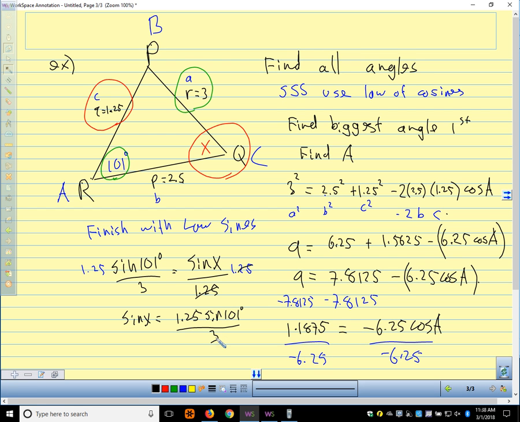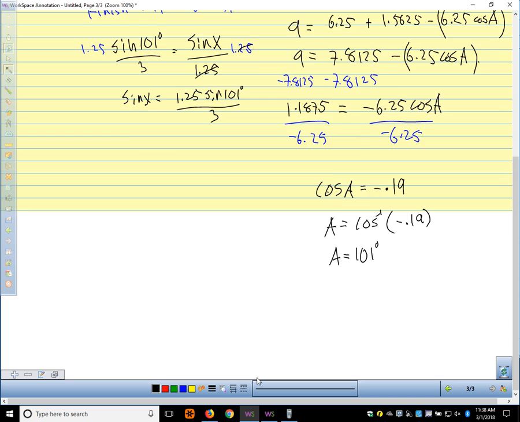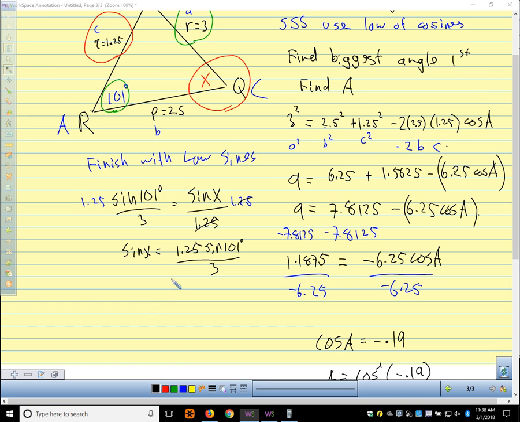And what do I have to do here? Inverse. Good. So x is the inverse sine of this whole thing, 1.25 sine 101 divided by 3. Plug that in my calculator just like that, and I get that x equals, rounding to the whole number, 24 degrees.